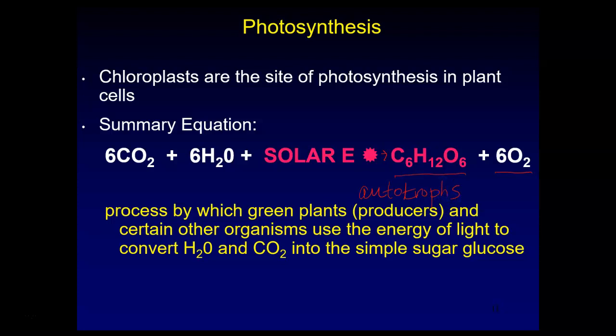And because they can take those raw materials, carbon dioxide in from the stomata, the water from the root system, and utilizing the solar energy, chlorophyll absorbs the solar energy, and they can convert those molecules into glucose, which is a food molecule that gives us chemical energy, and also oxygen gas.